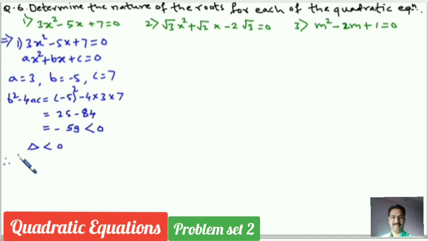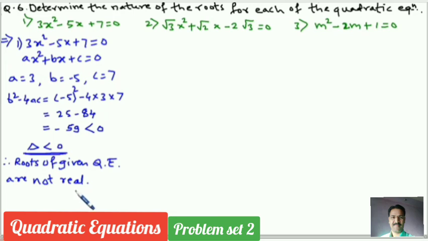We can write here: roots of the given quadratic equation are not real. Very important, it totally depends upon this delta. If the delta is negative, then that equation has no real roots.